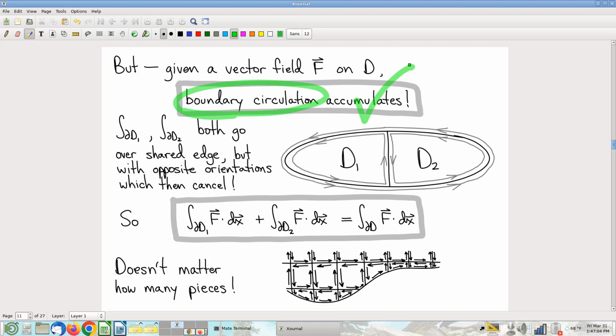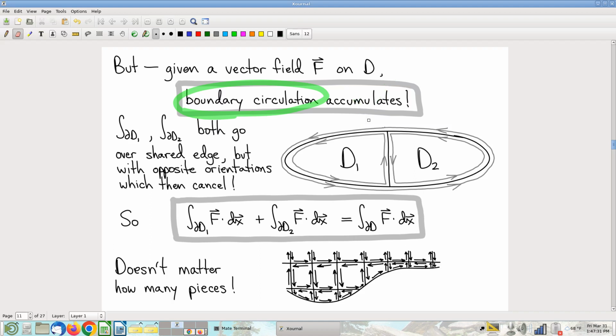And so in order to be able to talk about the counterintuitive, but then the fact that it is, I need to be able to talk about what it is that I'm talking about, thus the word accumulation. Okay, again, all this means is that the whole is the sum of the parts. And I'll remind you, this is ultimately, deep down, the core, the nugget of why Green's theorem works. It's the fact that boundary circulation is an accumulating quantity.